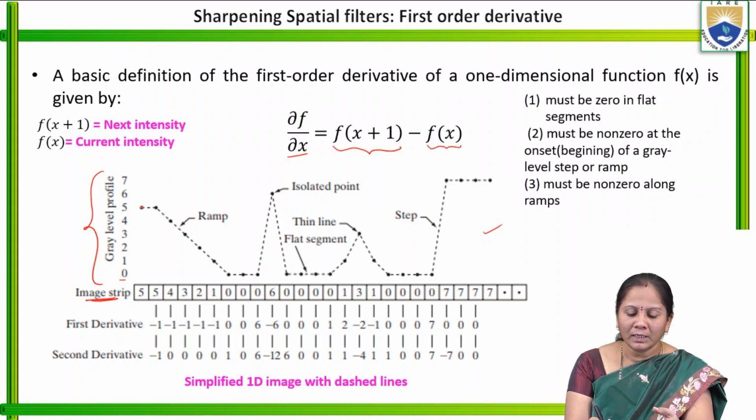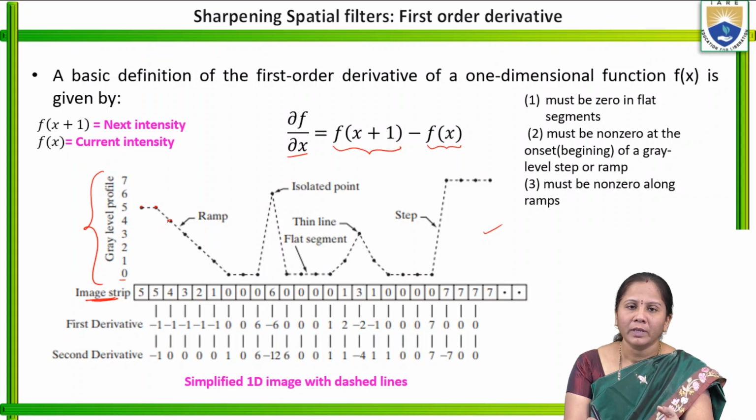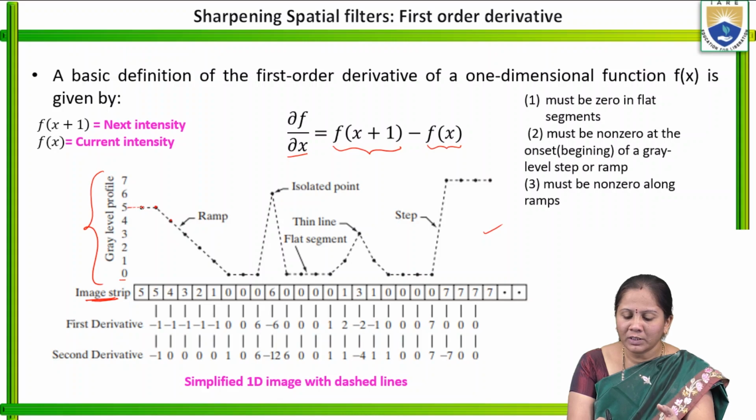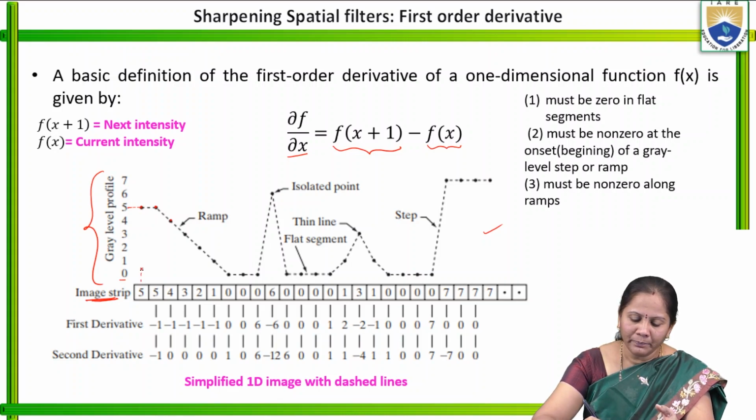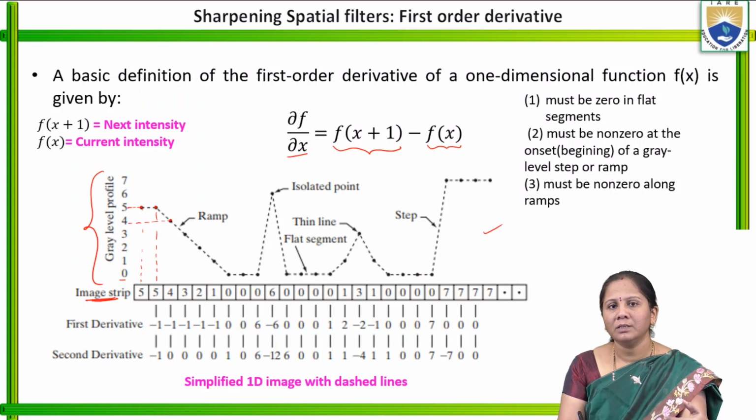We can see in this image, if you keep all the dots at regular intervals where the intensity value is available, that means at this particular point, for these 2 points, the intensity level on the scale is equal to 5. That's why at this point it is represented as 5, and at this point also it is represented as 5. Next, at this point, the intensity level is 4 based on the scale.